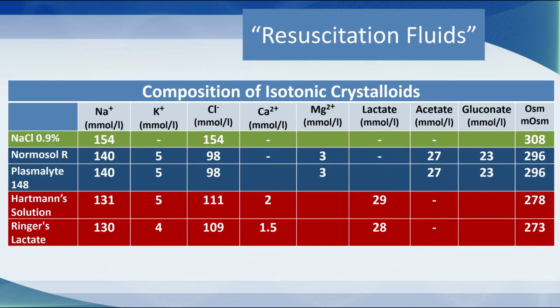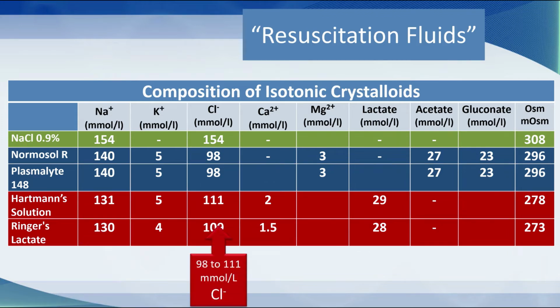And then you look at the various different columns which show what's in each one of them. The first column is sodium, and virtually all of these fluids contain about 130 to 140 millimoles of sodium. Obviously, saline solution has a little bit more sodium in it.